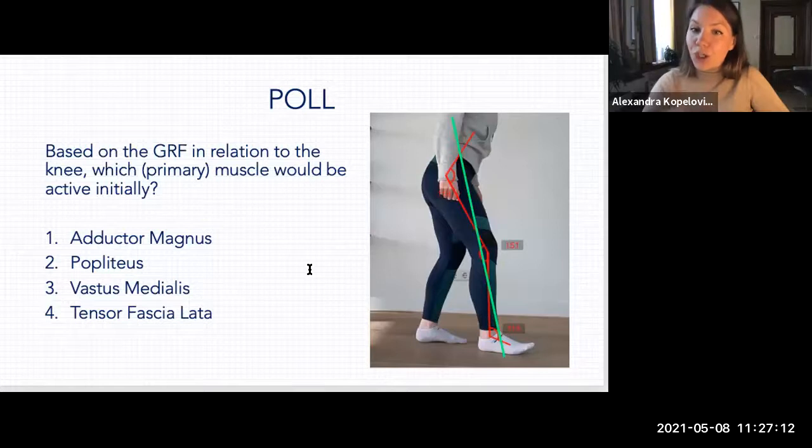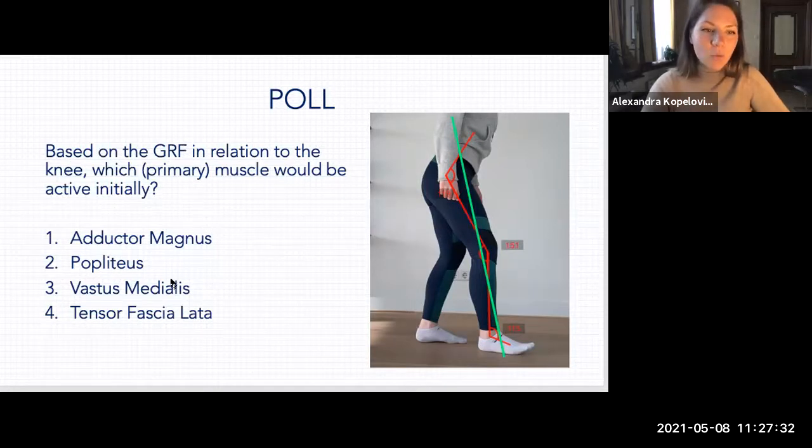So that external flexion moment created by the ground reaction force has to be counteracted. And what we will use is our extensors in order to counteract that force. So the best answer here would be vastus medialis, because it's part of our extensor, quadricep group.